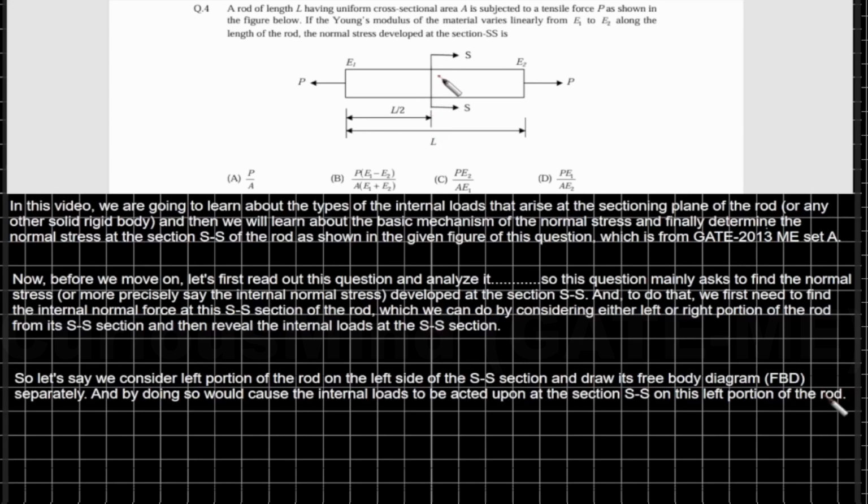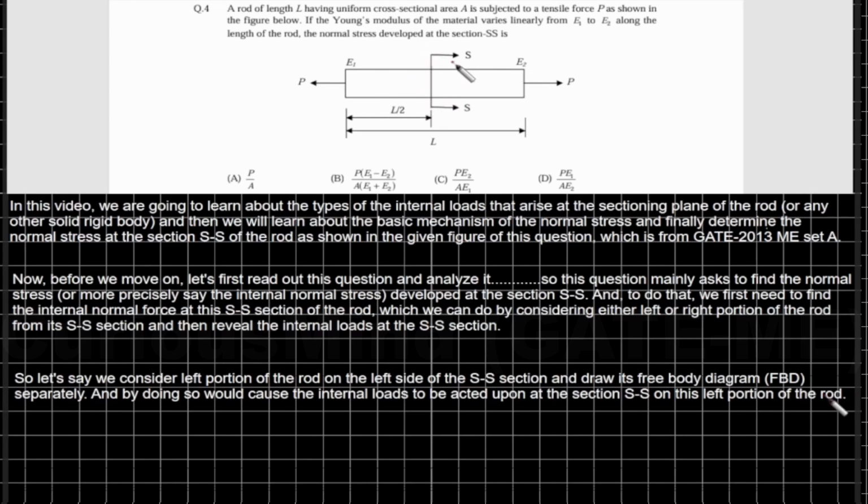Those internal loads act on the left portion of the rod at the SS section because we want them to act, or we assume them to act, to maintain the same condition of this left portion of the rod as it was before sectioning this rod.